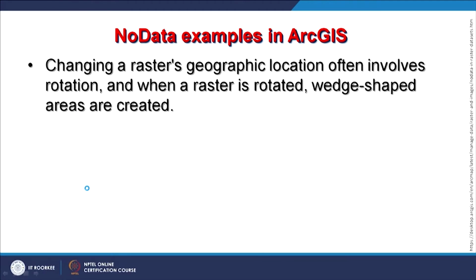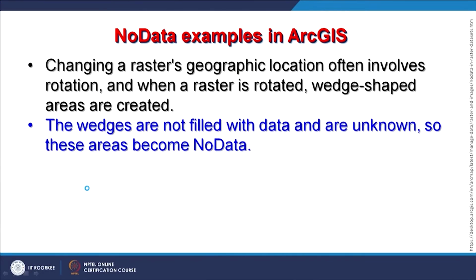And changing a location in the raster, like georeferencing: when we do the georeferencing and after resampling, there is a change in the data, which means there is a change in scale, there is a rotation, and there is a warping, or it is fitting the surface.